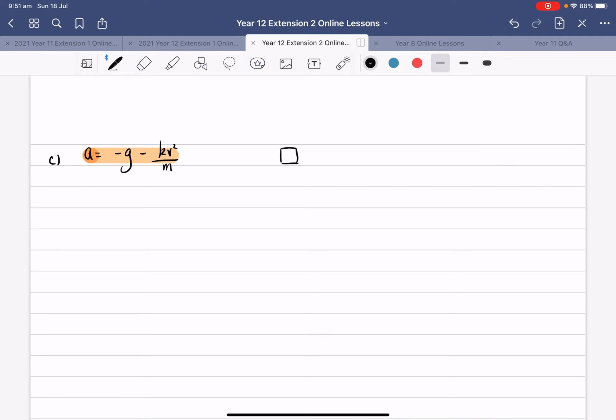But now the particle is actually moving downwards. So therefore, the gravity is mg, which is the same motion here. The force is the same motion going downwards. Gravity is going down as well. However, the resistance is going up, all right? So therefore, we just need to remove the negative in the front here. That's all we need to do at the moment. And the expression itself still remains the same.